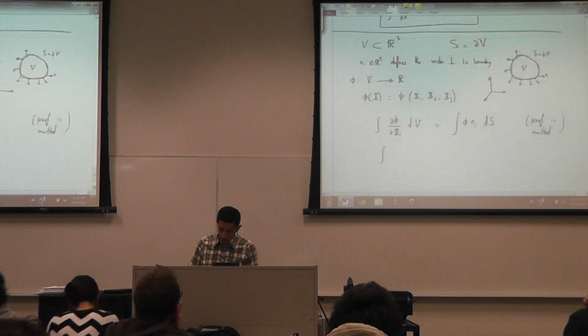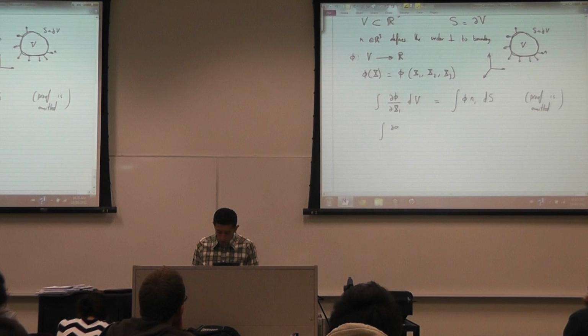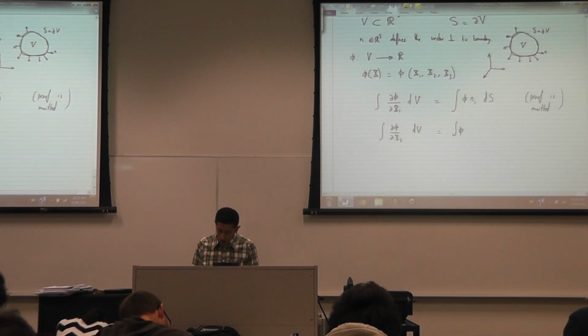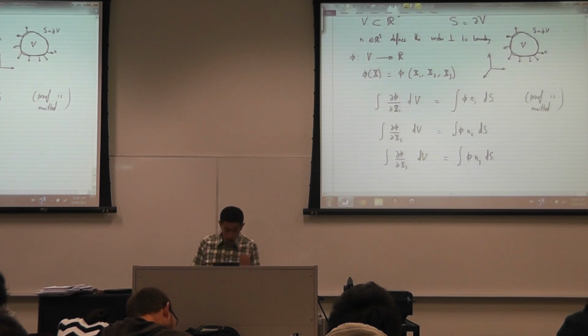three-dimensional objects. Also, partial phi by partial x2 dv will be equal to the integral of phi n2 ds. Partial phi by partial capital x3 dv is equal to the integral of phi n3 ds.